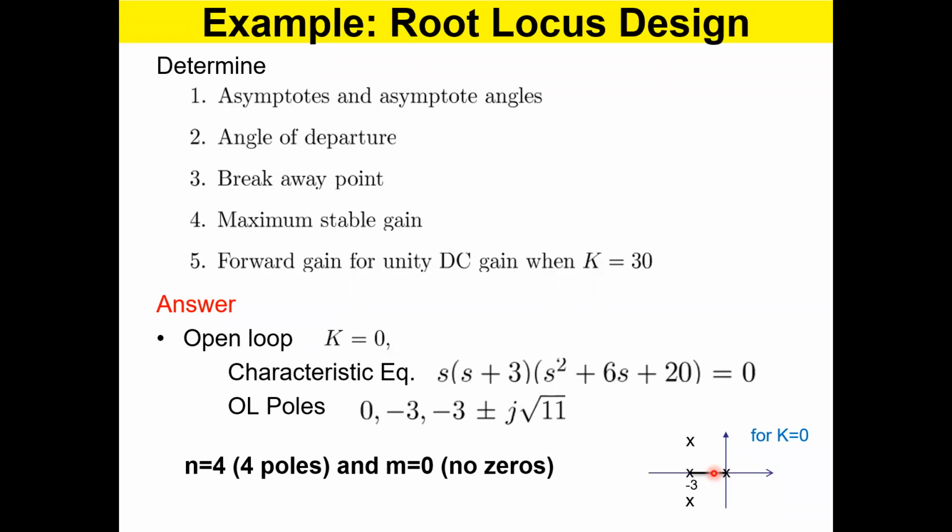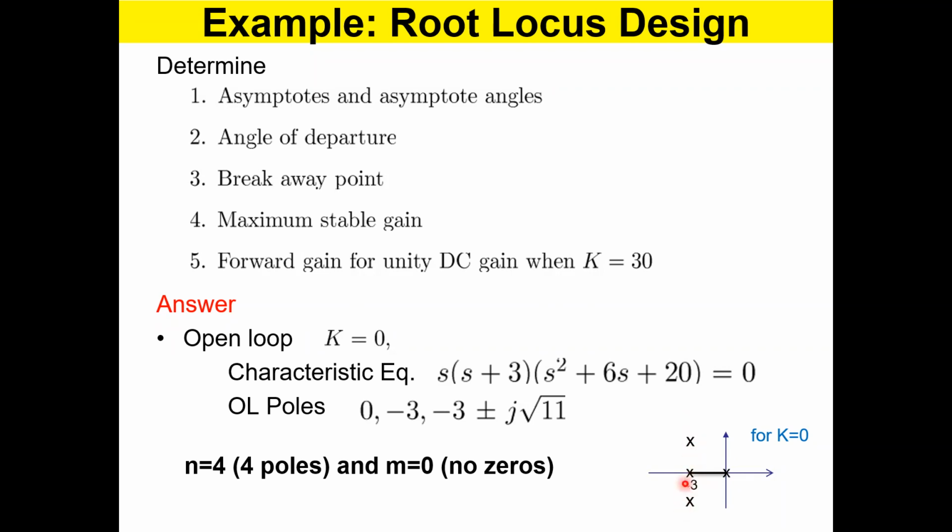So one pole is an odd number. So therefore, the real axis from here to here satisfies the first rule condition, being to the left of an odd number of poles or zeros, meaning you satisfy the root locus condition. So part of the root locus is on the real axis from here to here.